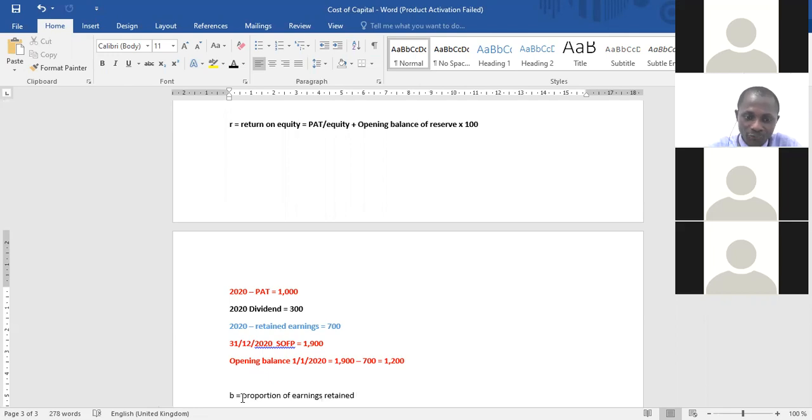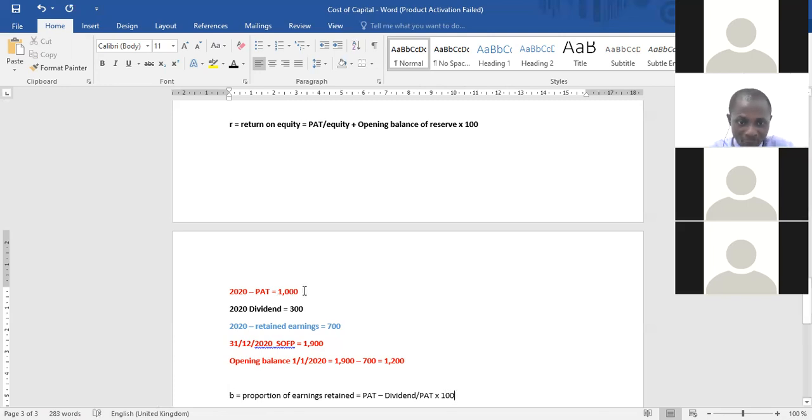When we say proportion of earnings retained, we are talking about profit after tax minus dividend, over profit after tax, times 100.